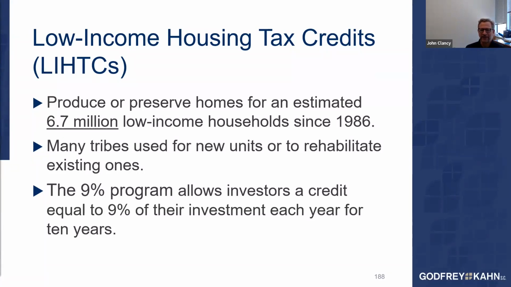So it is the primary driver for both Indian country and the rest of America for low-income housing. And a lot of tribes now use them and have used them for actually quite a while now, at least, for both new units and rehabilitation of existing units to bring better housing in Indian country.